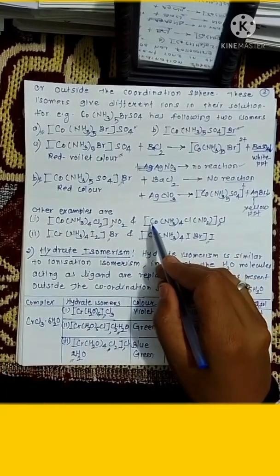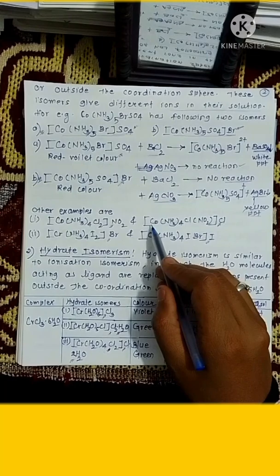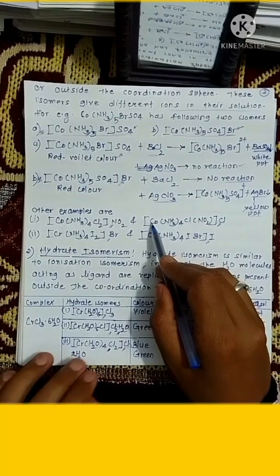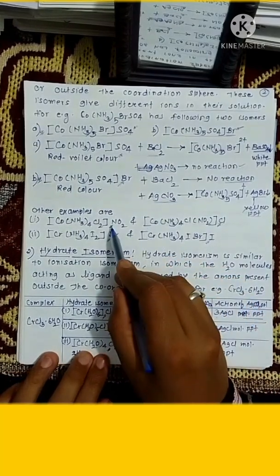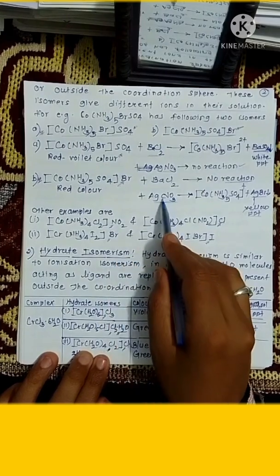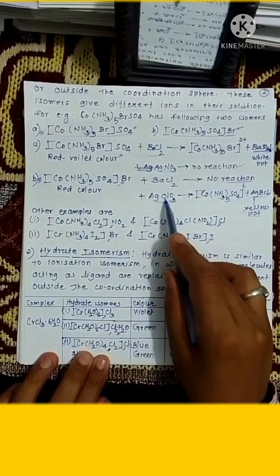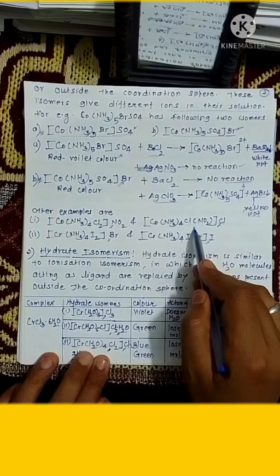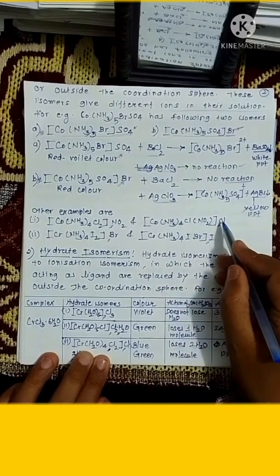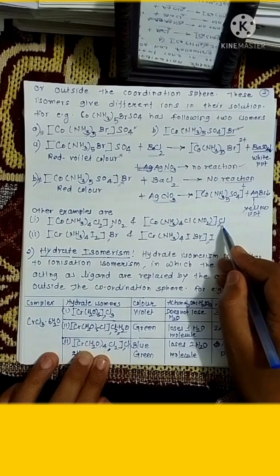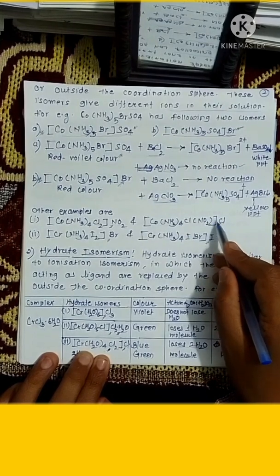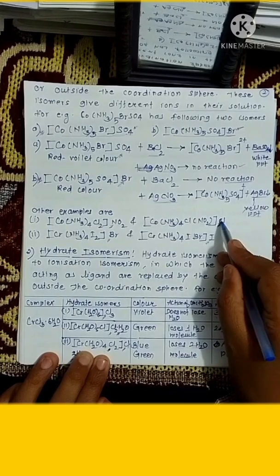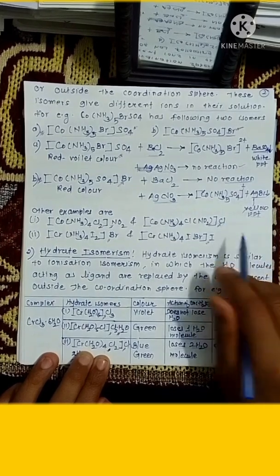When these complexes are treated with silver nitrate solution, this complex does not react with silver nitrate, but this complex gives a precipitate of AgCl because one chlorine atom is present outside the coordination sphere, as a counter ion.